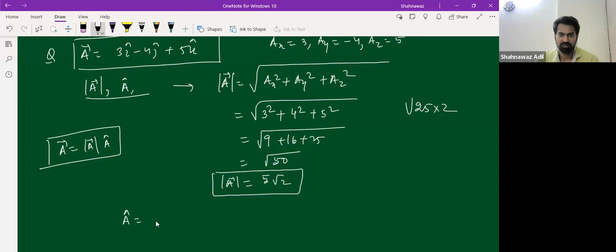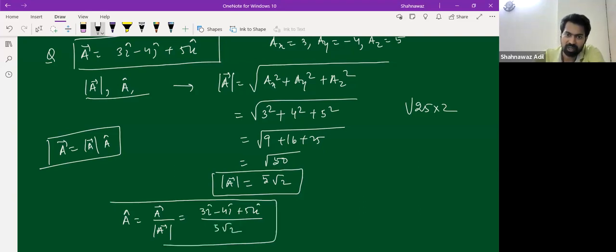It is the vector divided by its magnitude. Correct. Why are you hesitating? Be confident in your answer. So this is 3i minus 4j plus 5k divided by 5√2. So you guys just calculate all that.